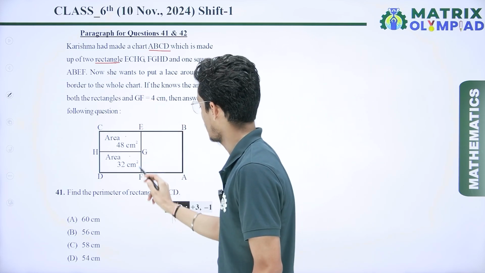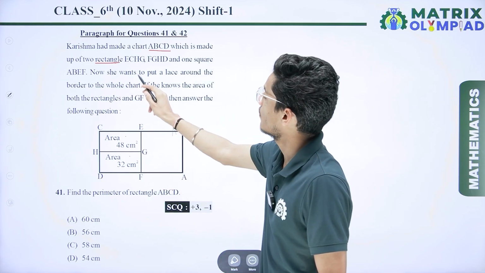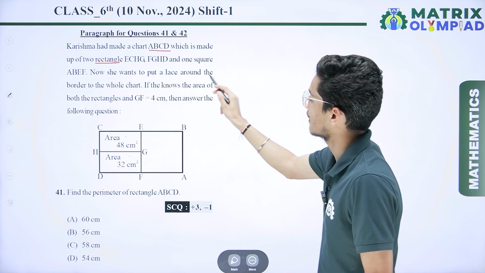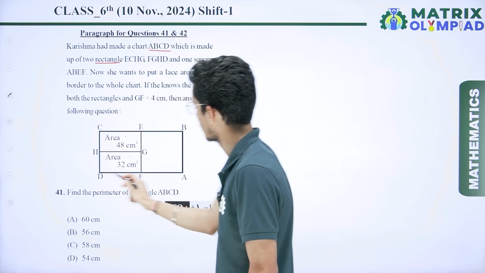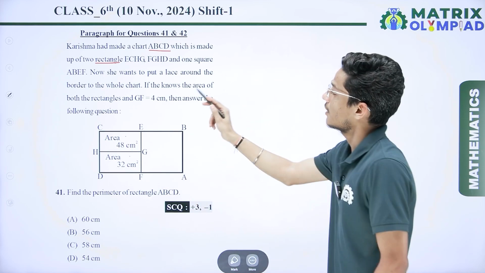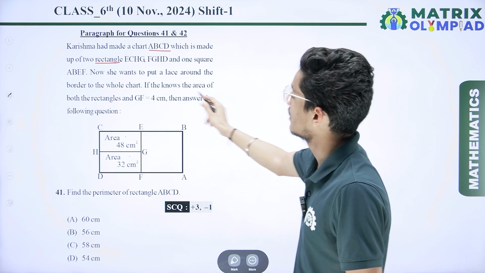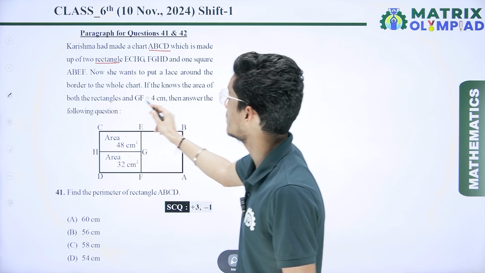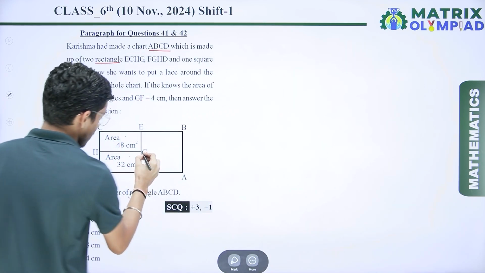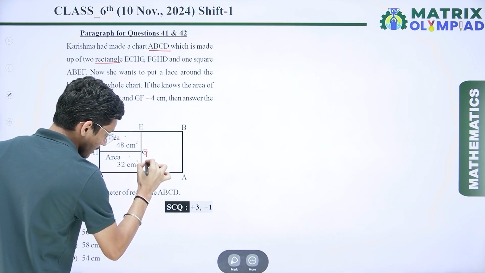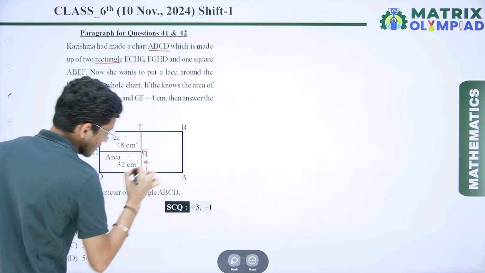So here this is the square. Now she wants to put a lace around the border of the whole chart. If she knows the area of both rectangles and GF is equal to 4 centimeters. Here we have been given the length of GF, that is 4 centimeters.